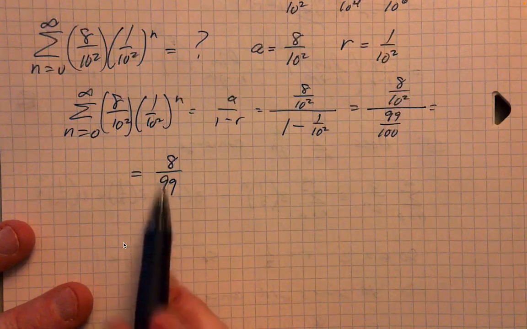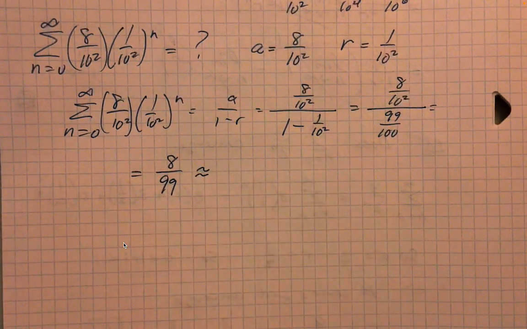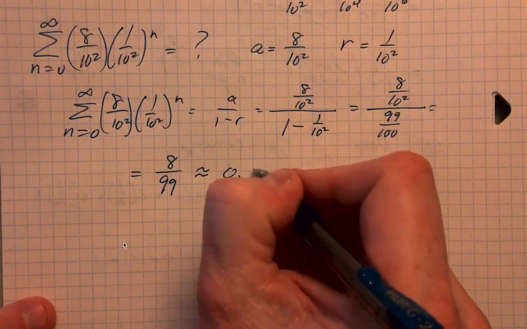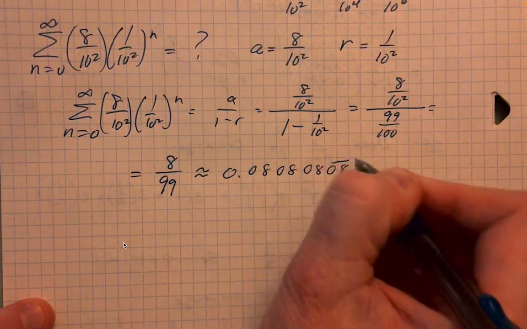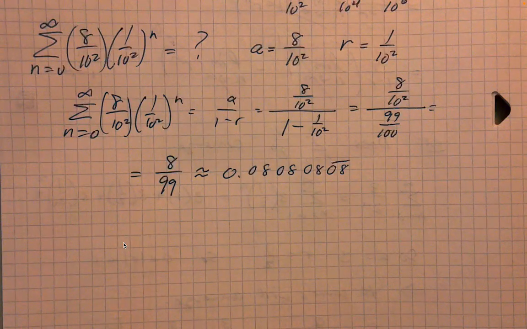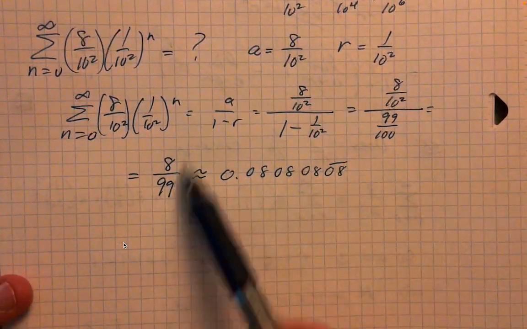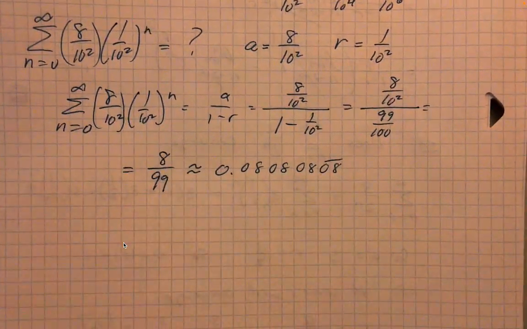Right? Now when you plug 8 over 99 into your computational aid, your calculator, then this will spit out this number. Right? So this is a way to express this real number as a rational number, in terms of a ratio of integers.